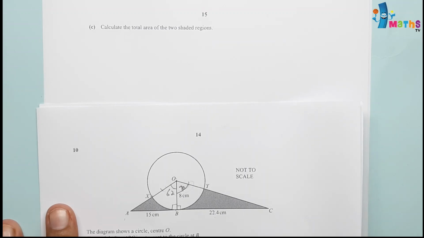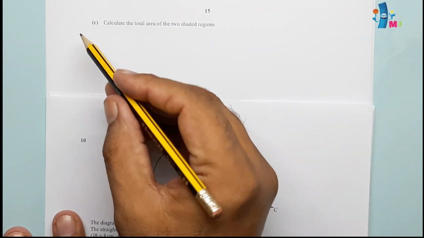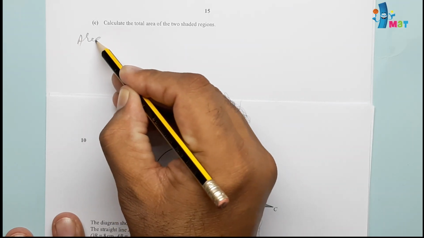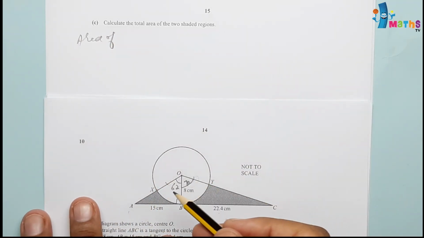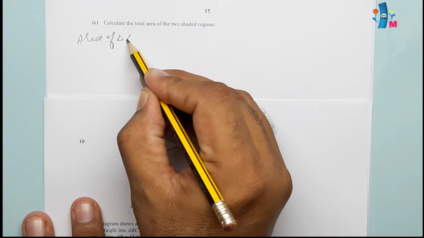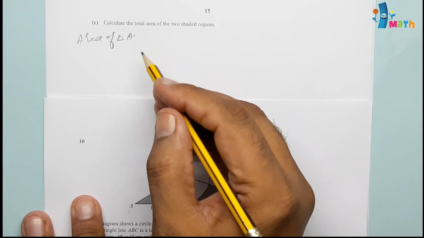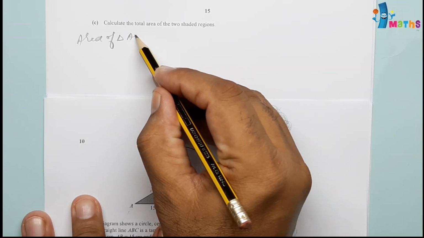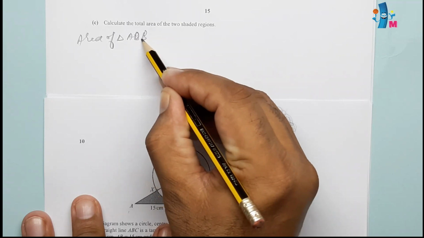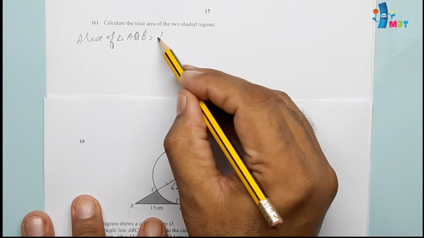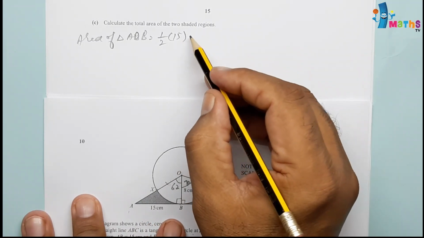So first we will find the area of the two triangles. So the area of triangle AOB will be equal to 1 by 2 into base into height, which is 15 into 8.